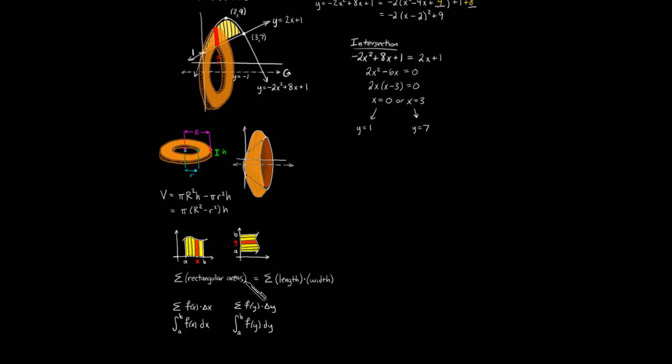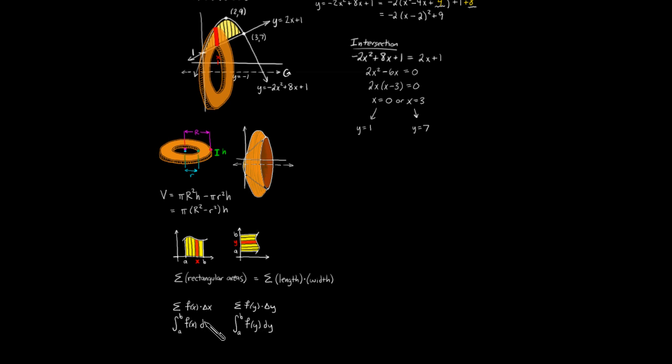Then in the limit, as we let these rectangles become very, very thin, they did a very good job of approximating, when added together, the areas shown here in yellow. In the limit, this sum of products that looked like some function times a change in x or some function times a change in y became definite integrals, right?